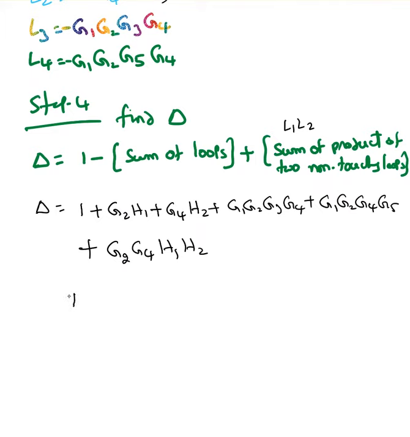The transfer function equals, how many forward paths are there? There are two forward paths. So P1 delta 1 plus P2 delta 2, over delta. I have delta, P1 and P2. Now I need to find delta 1 and delta 2.